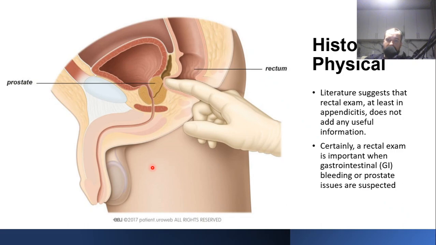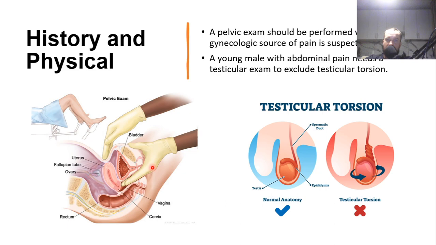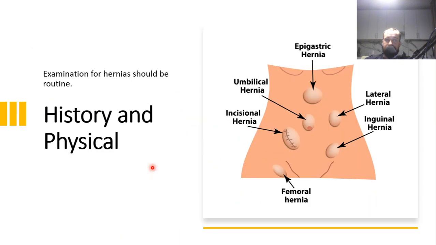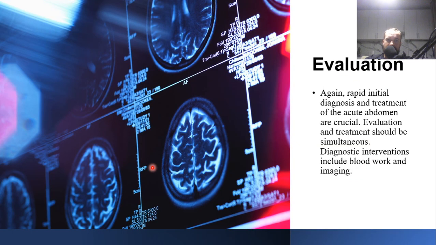Certainly, rectal exam is important when gastrointestinal bleeding or prostate issues are suspected. A pelvic exam should be performed when a gynecologic source of pain is suspected. A young male with abdominal pain needs a testicular exam to exclude testicular torsion. Examination for hernia should be routine, and you need to do it for all your patients.